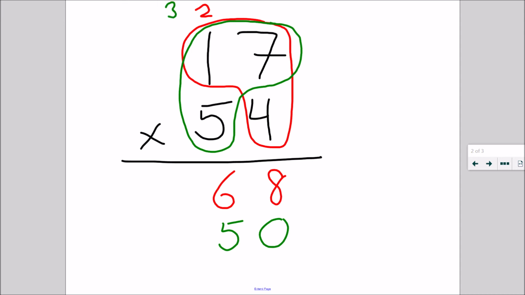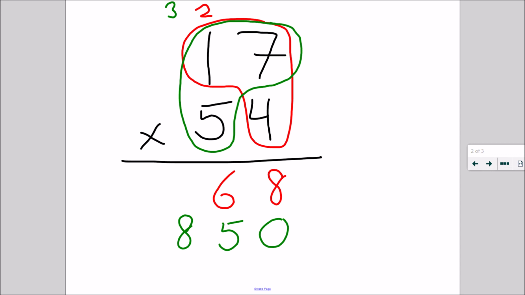5 times 1 is 5. Now that's 5 tens times 1 ten, which comes to 5 hundreds. I add my 3 hundreds to those 5, and I've got 8 hundreds, which means 50 times 17 is 850.